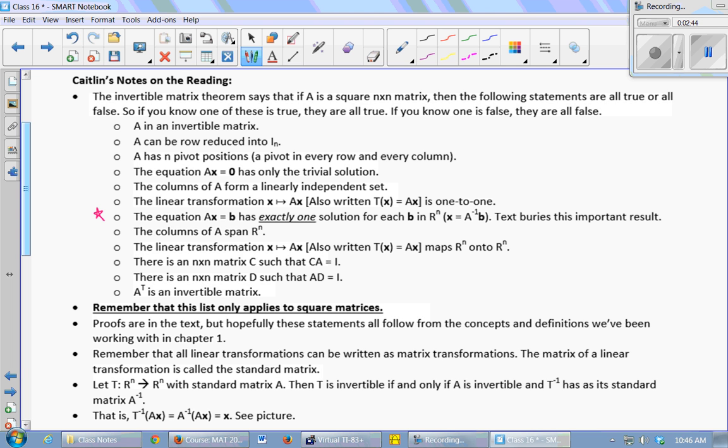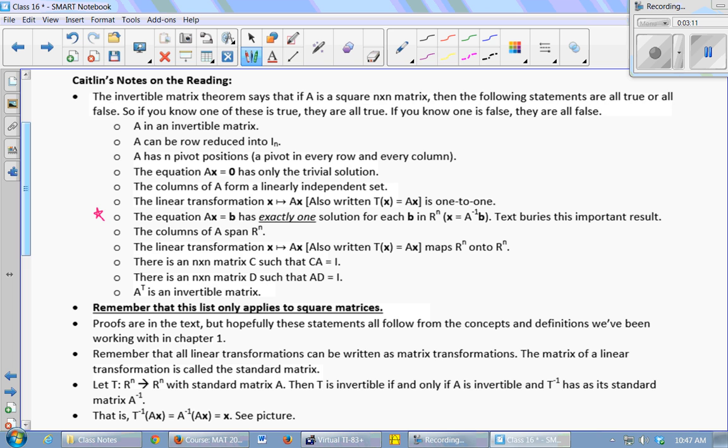And it actually is exactly, and they sort of bury it in a paragraph after the theorem, but it's really a key result. I don't know why they wrote it like that. But it has exactly one solution for every B. So because it has a solution for every B, that tells you that the columns of A span Rn, and that the matrix transformation X goes to AX is onto.